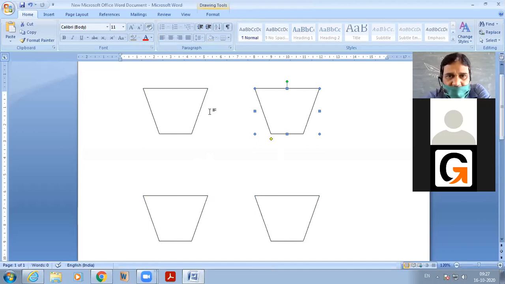See, here the second one I will expand. I will expand it to the right side, through right or through left or through up or through down. Let me expand through right.